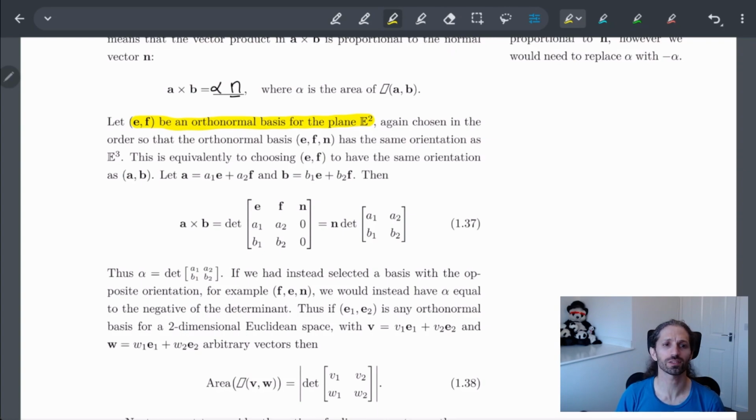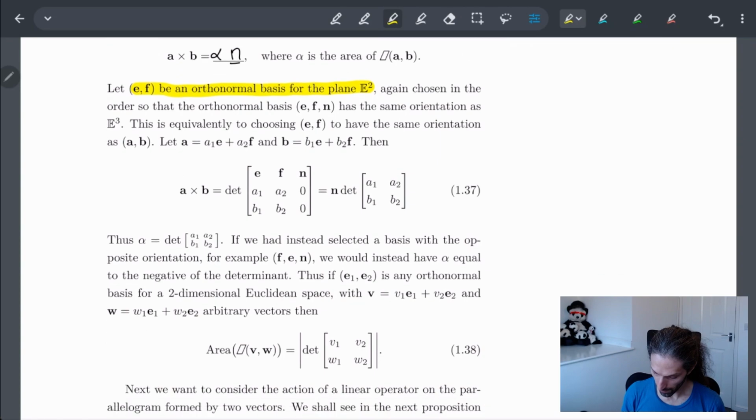Now this is equivalent to just choosing E and F to have the same orientation as A and B. This is important. If we had different orientation, remember we would have to take minus n and things get a little more weird. So it's just easier to say it's in the same orientation.